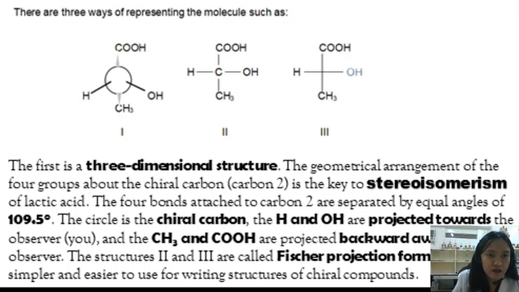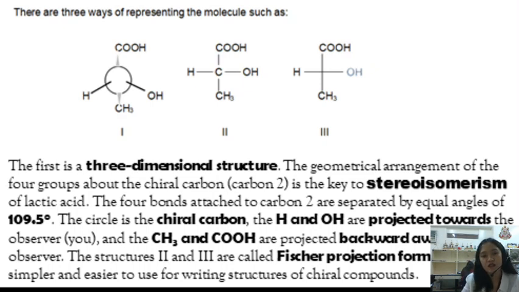While the arrows, you will see the gray arrows, represent that the carboxylic group and the methyl group are projecting away from the observer. Meaning, papuntang likod, backwards. So, the darker line represents projecting towards the front, and the gray arrows represent that it is projected towards the back.